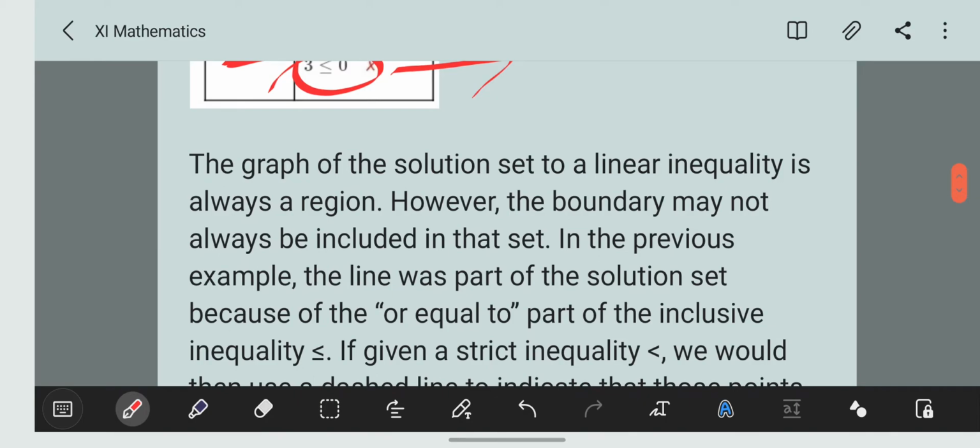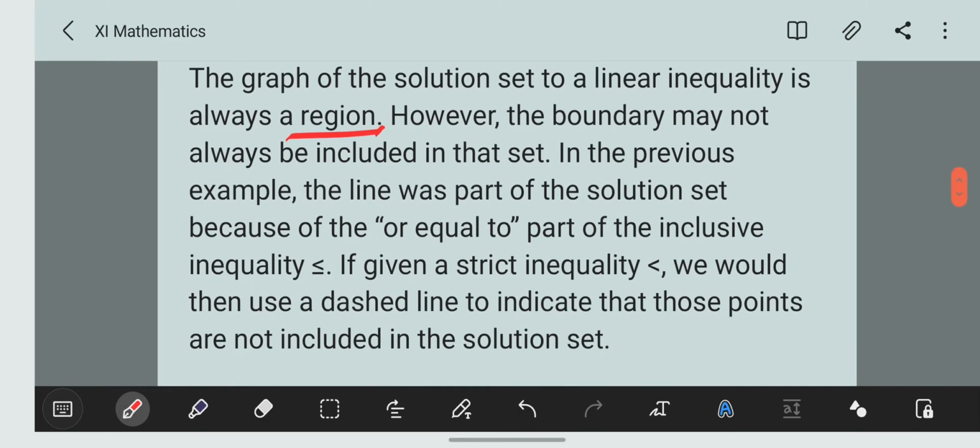The graph of the solution set to a linear inequality is always a region. However, the boundary may not always be included in that set. In the previous example, the line was part of the solution set because of the 'or equal to' part, that is, more than or equal to or less than or equal to, an inclusive inequality.